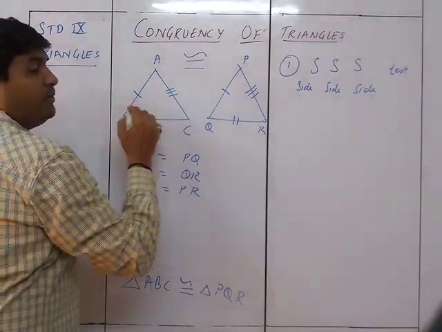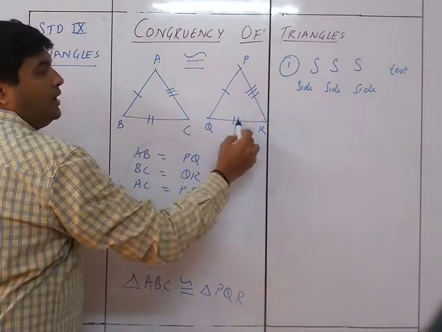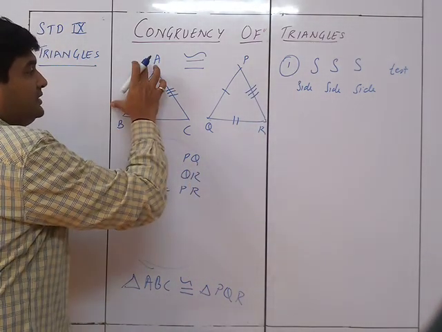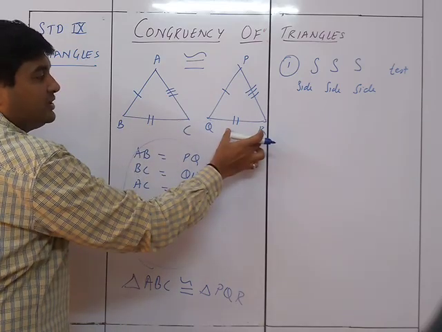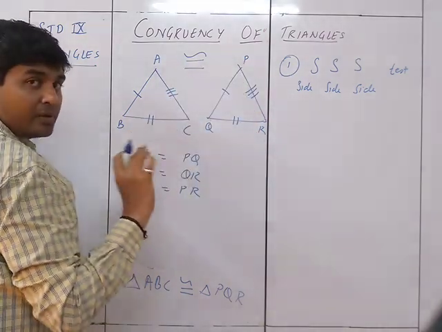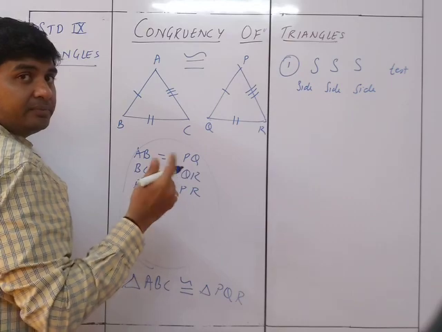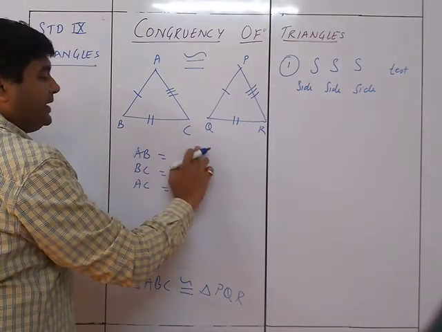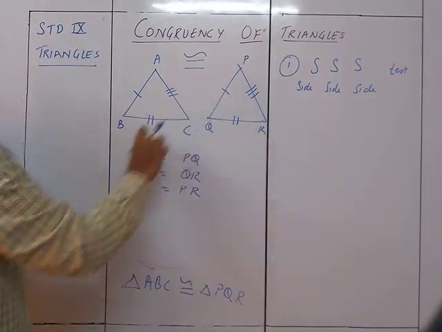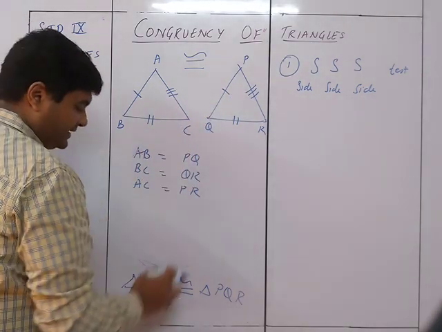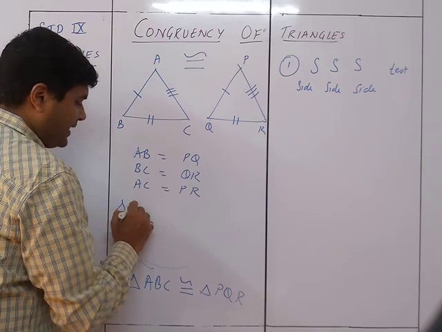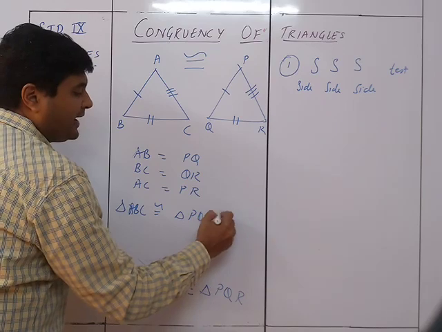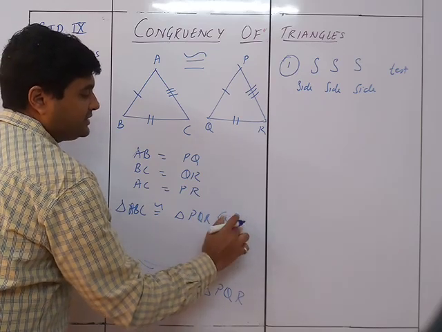You can see I am using different kinds of marking schemes to show that this is equal to this, every time using different symbols. So if it is given that the 3 sides are correspondingly equal, then I can say that triangle ABC is congruent to triangle PQR by SSS test.